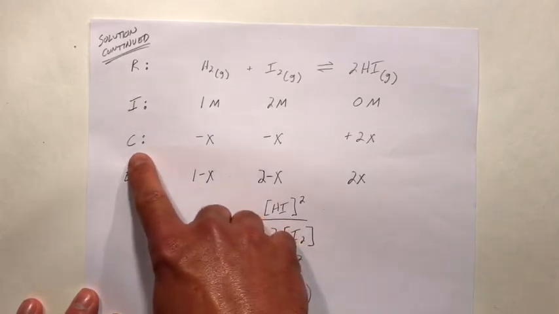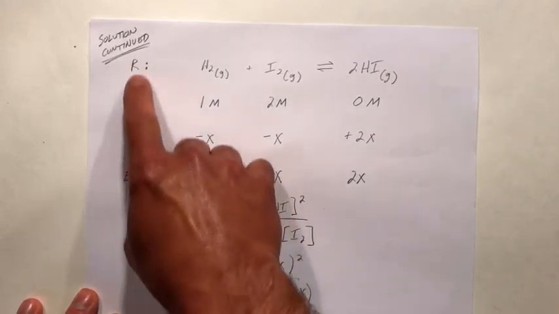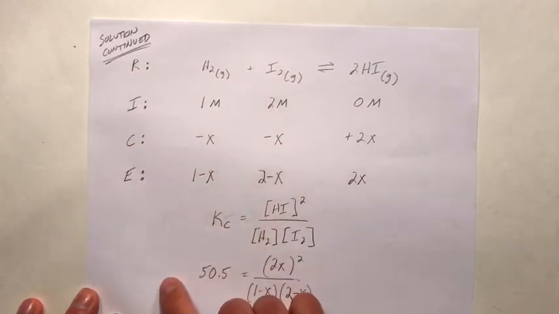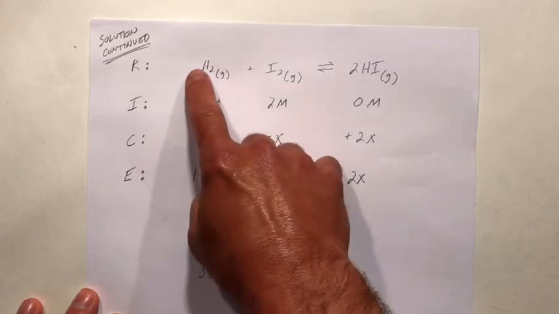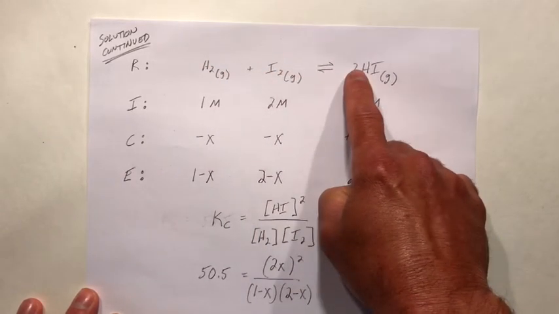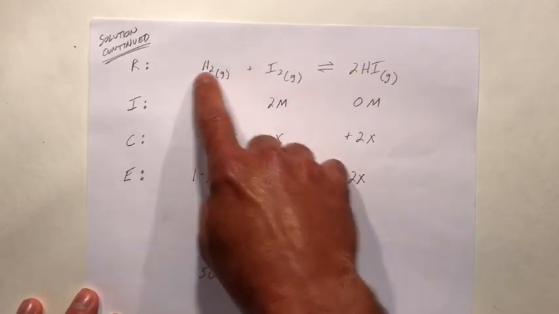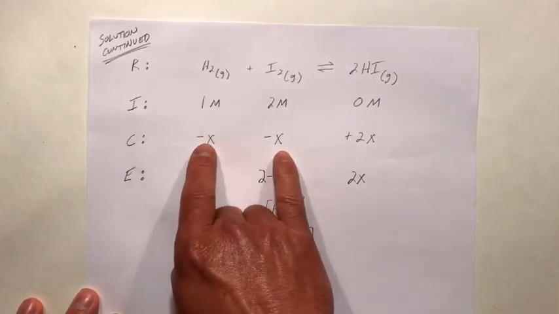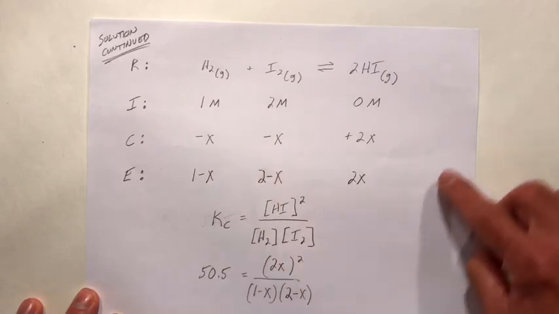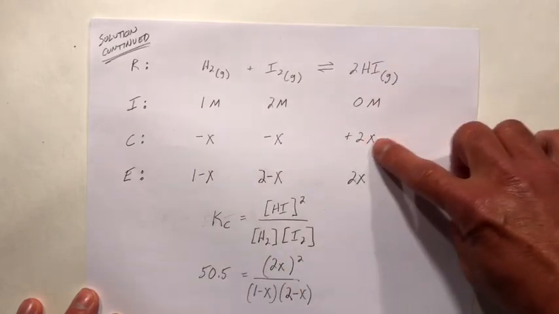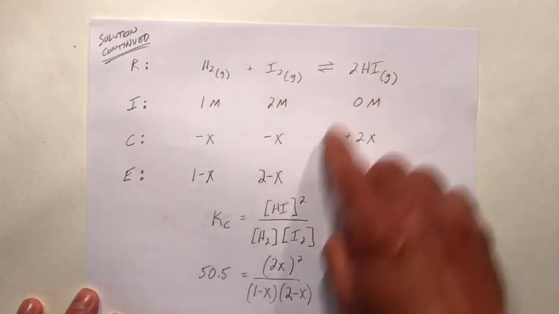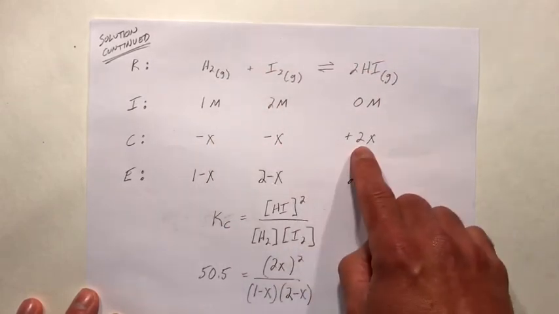The change in the Rice table, right, we have the reaction, the initial concentration, the change in concentration, and the equilibrium. The change is always reflective of the stoichiometric ratio, or the mole ratio, and it's 1 to 1 to 2. So reactants are always diminishing, so we're going to put minus x and minus x. Products are always getting produced, so we're going to put plus on this side, and since we have 2 of those, it's a 1 to 1 to 2 relationship, so x to x to 2x.